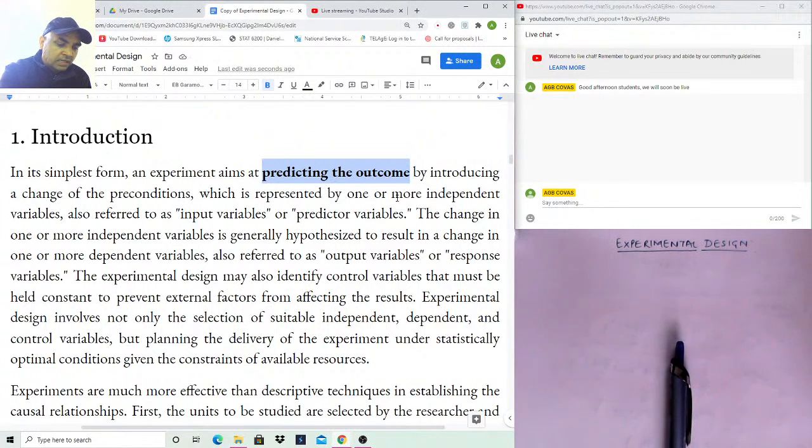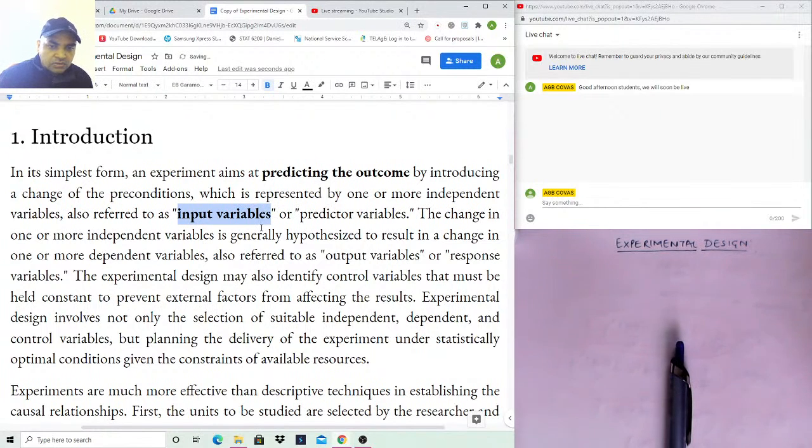So the investigator provides some preconditions in the experiment and wants to predict the outcome, which is represented by one or more independent variables. These preconditions are also known as input variables, and also known as predictor variables.